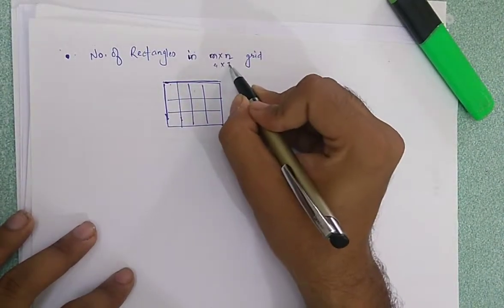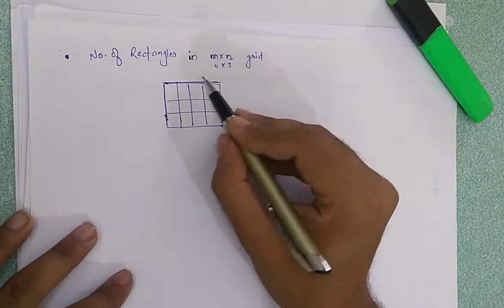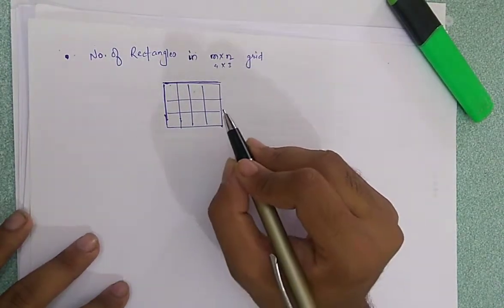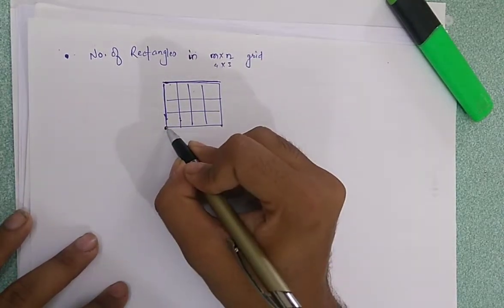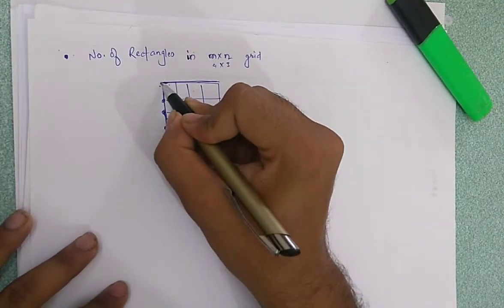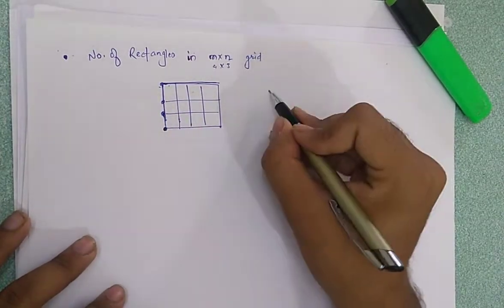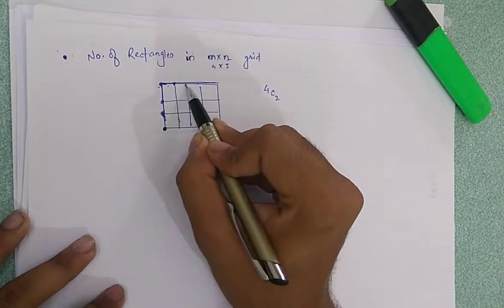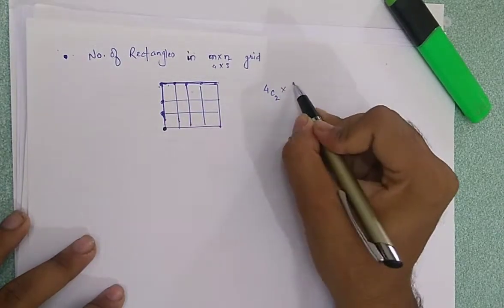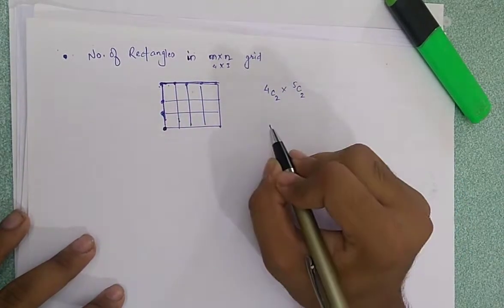We have 3 columns over here. So how many rectangles are there? First step is we see the number of points. 1 point, 2 points, 3 points, 4 points. Out of 4 points, we have to select 2 points. Here also we have 1, 2, 3, 4, 5 points. And out of 5, we have to select 2 points.